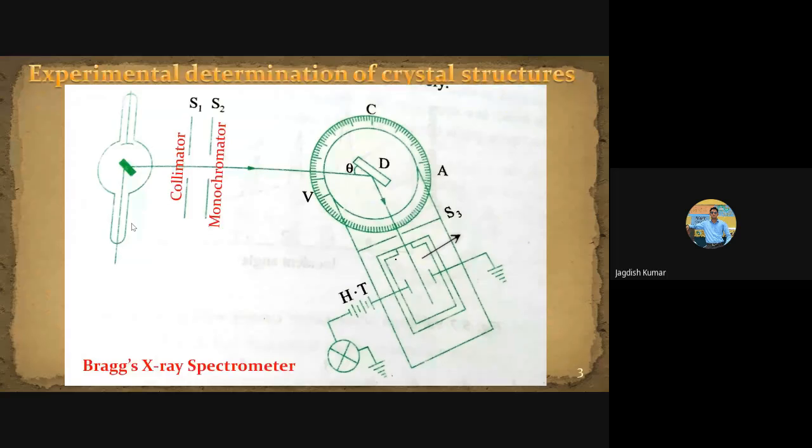So that if I want to find out theta, it will be n lambda over 2d. For the X-ray with highest intensity, there will be the highest intensity in the diffracted pattern corresponding to lambda naught, and there will be some peaks nearby, from other X-rays with wavelengths near lambda naught.